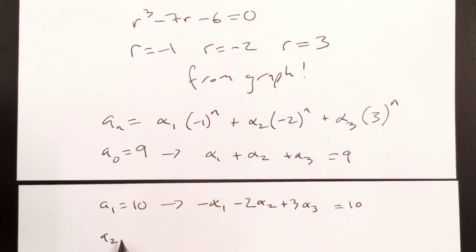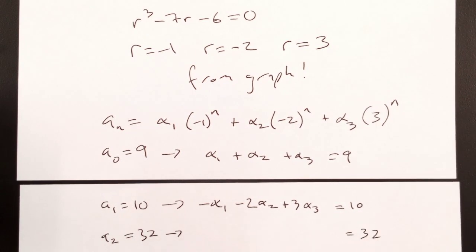And then A2 was 32. So something is equal to 32.